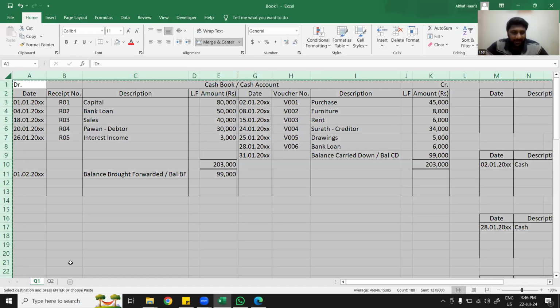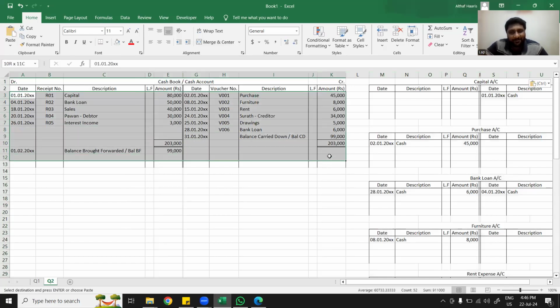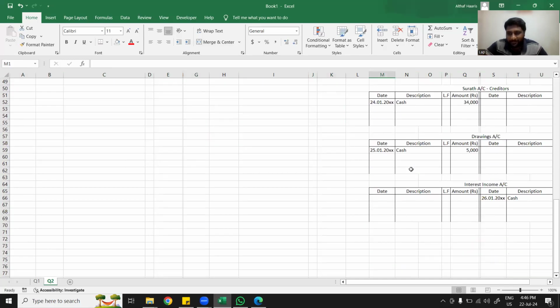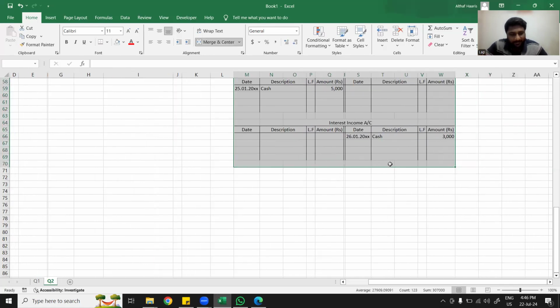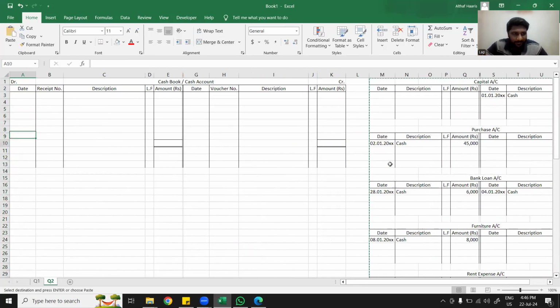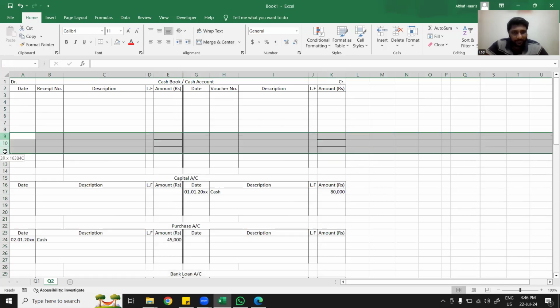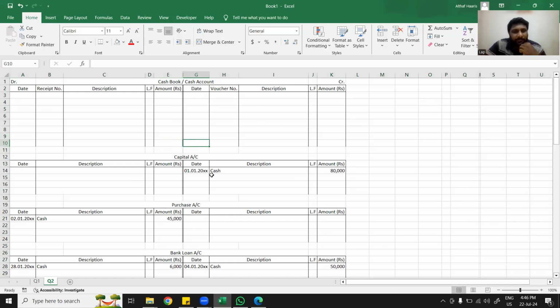Just copy paste and change the values. In this question also, take the cash book for maybe 11 lines.